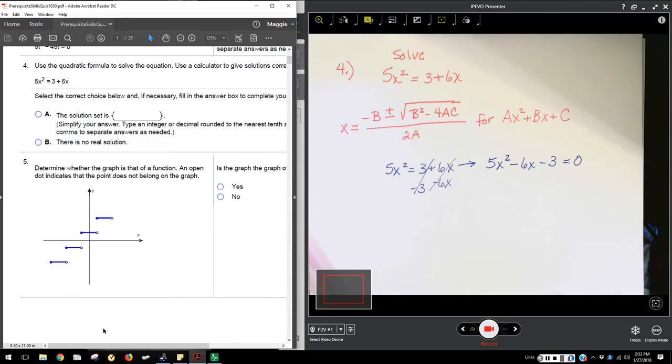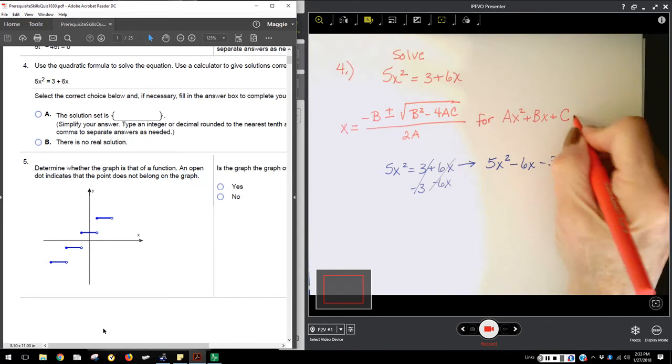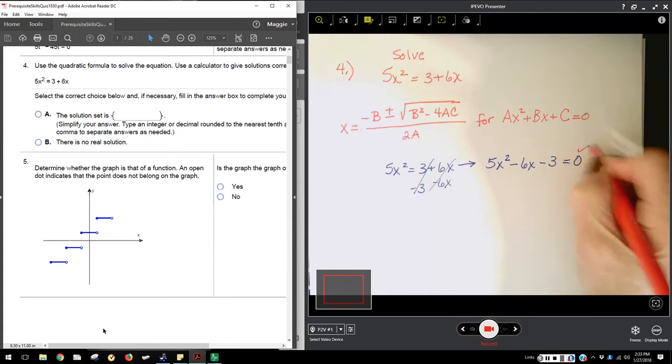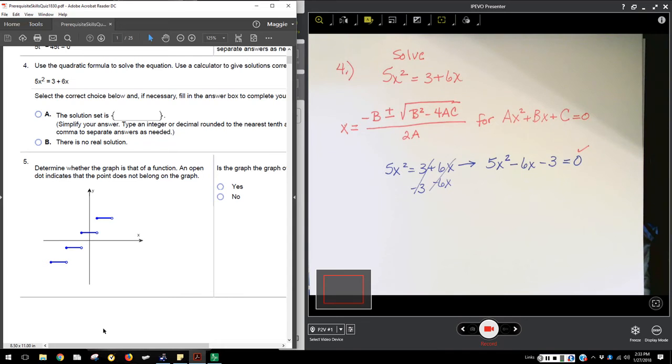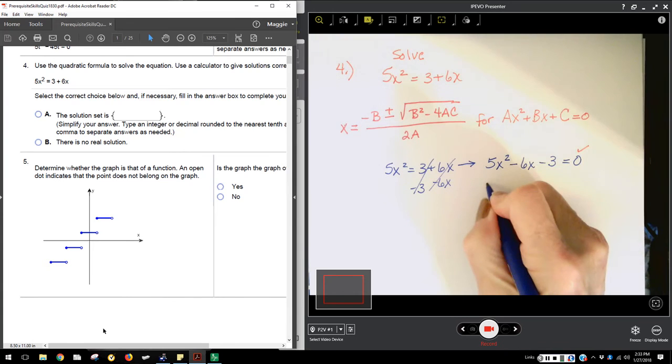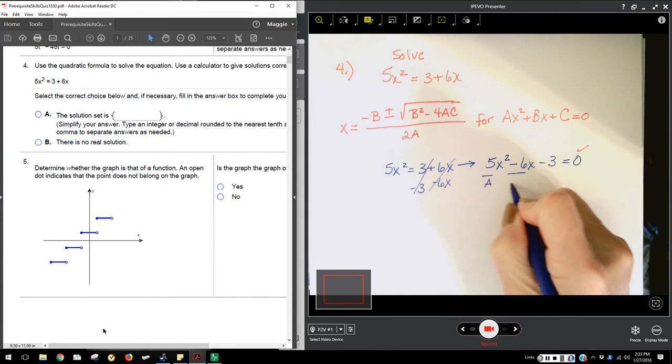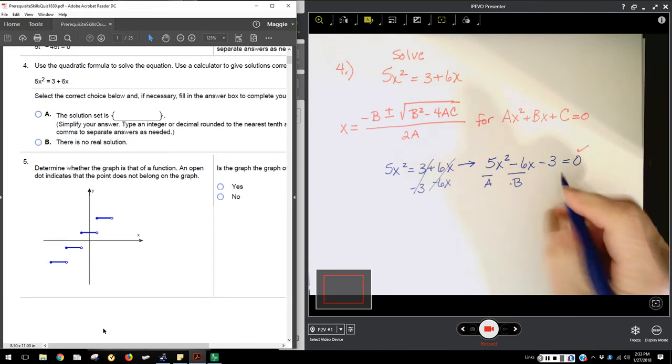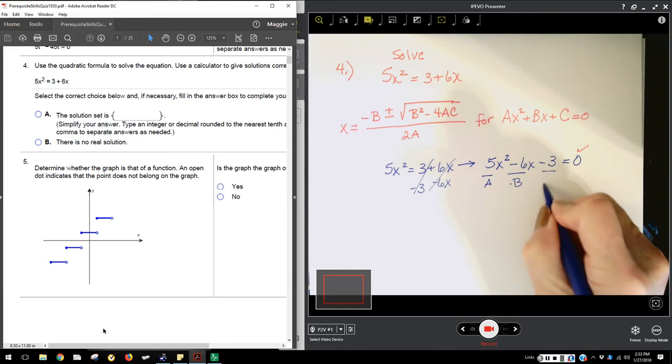And when it is in that form and it's set equal to 0, then I know I can use the quadratic formula to solve it. So now I know that my value of a is 5, the value of b is negative 6, and the value of c is negative 3.